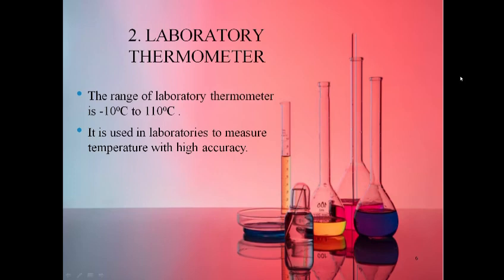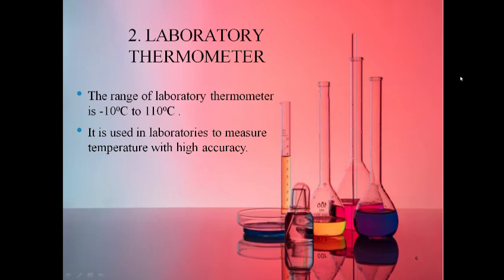So this has a very low point and a very high point. The minimum temperature that we can record with this device is minus 10 degrees Celsius, and the maximum is 110 degrees Celsius. Basically this thermometer is used for measuring the temperature of various substances or chemicals that we use in the laboratory.